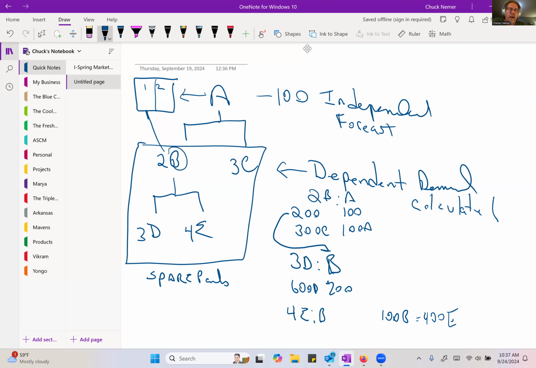B is made up of each of the doors. And D is the hinges. That would be three hinges for each door, let's say. So in this case, we could also sell the hinges as spare parts, and those would definitely have to be forecasted. They are not coming through the manufacturing process or through the bill of material. They're coming independently of the build process. So that'd be the other situation.